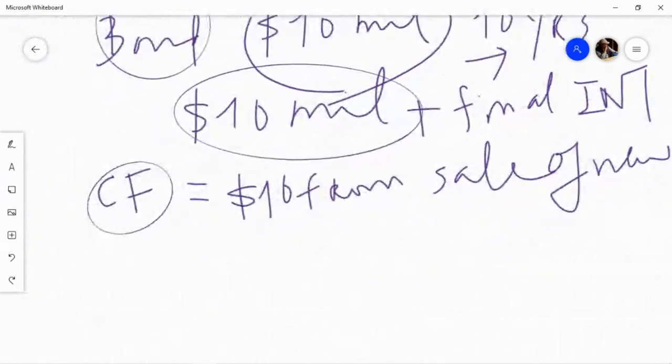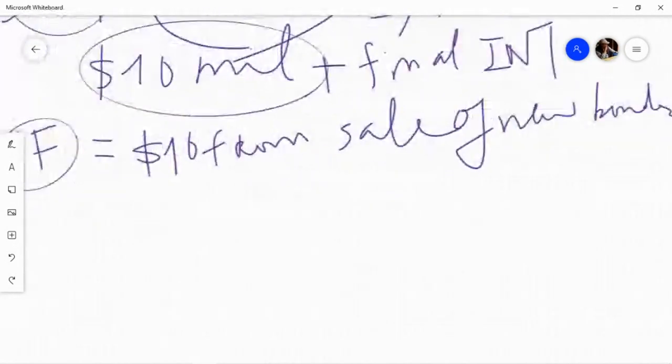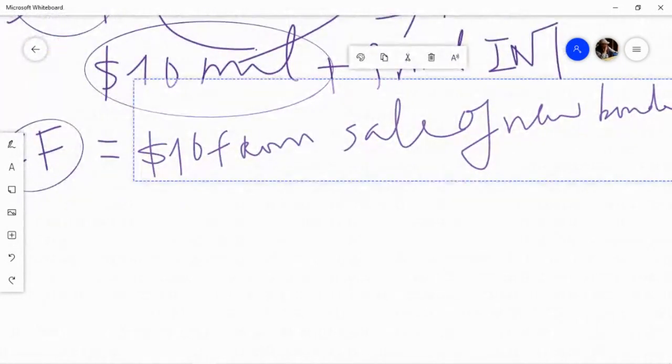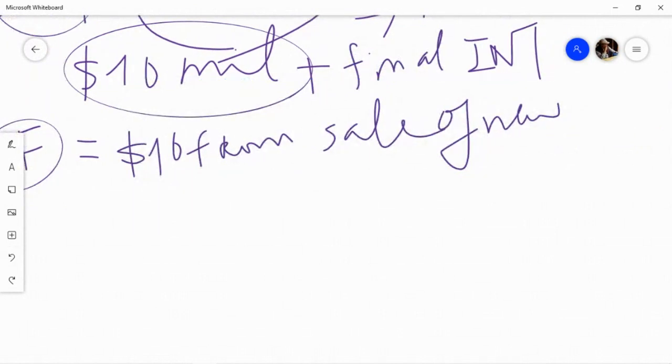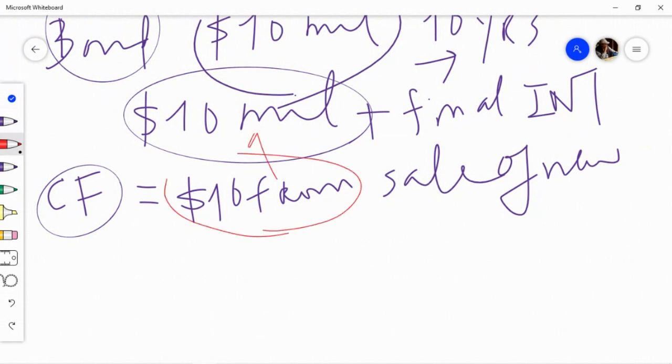And this 10 million will be used to pay out the principal.